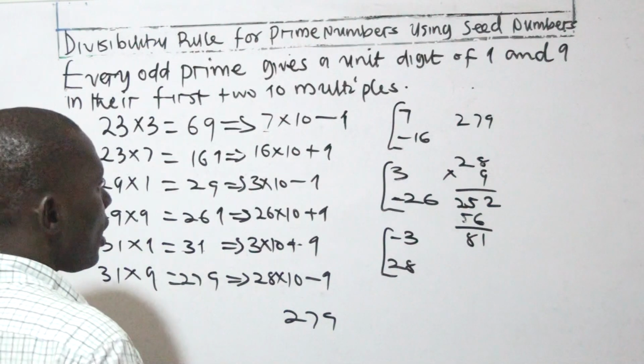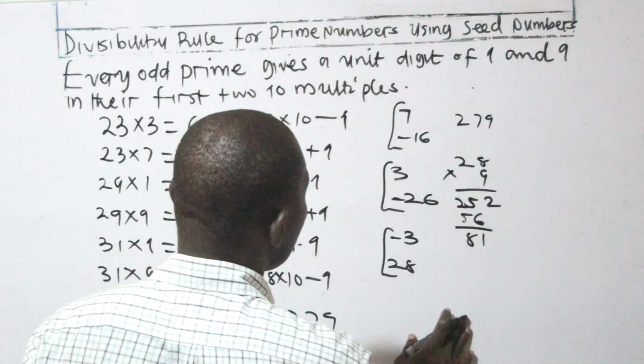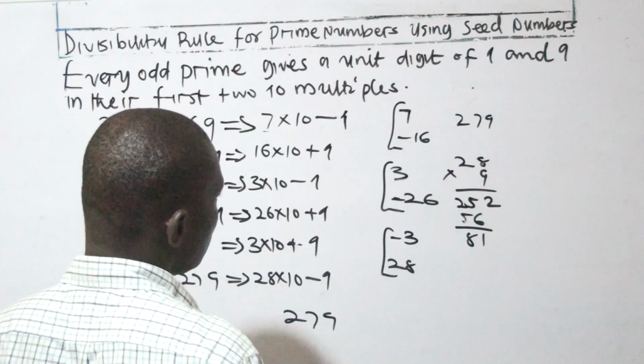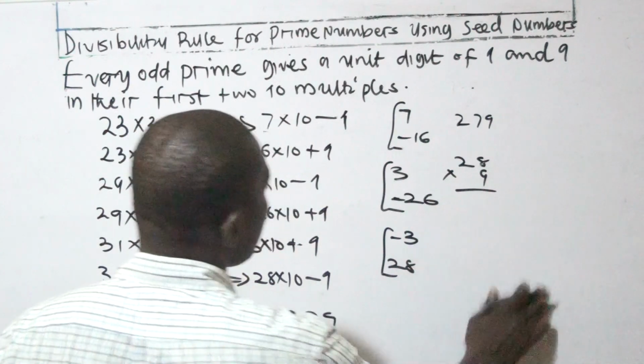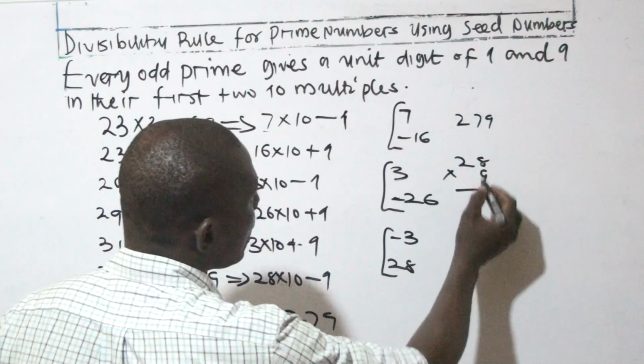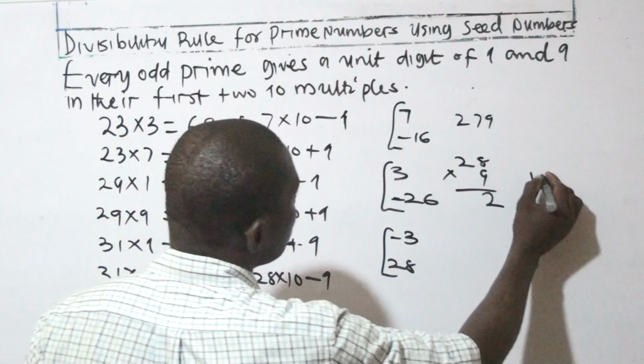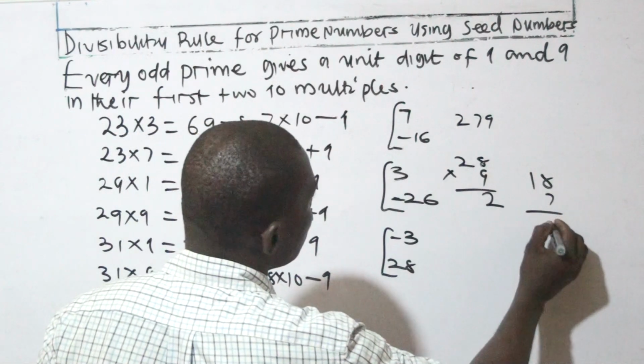So here we can easily see. Here is 72, 18 plus 7.